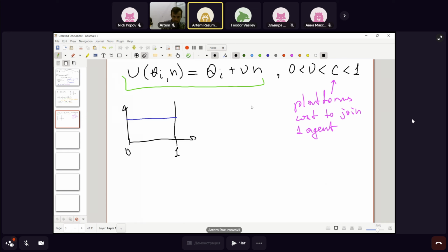So let's say I think about an agent. This is the utility of some agent, right? How can I distinguish the agents between who joins and who does not?